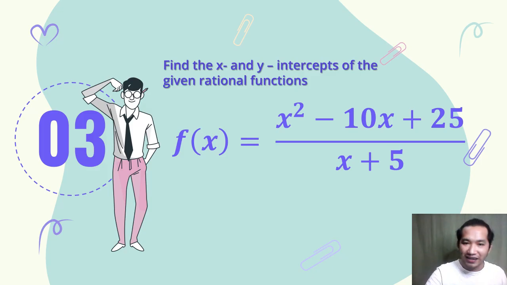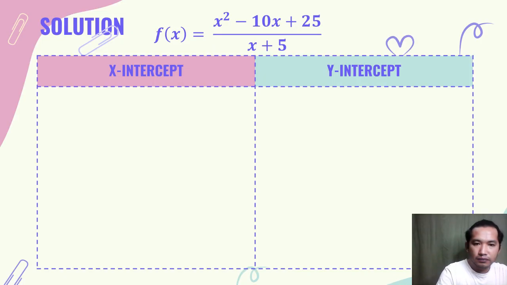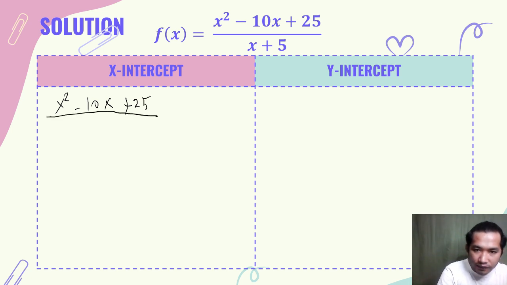Okay, so next, find the x and y-intercept of the given rational function f(x) = (x² - 10x + 25)/(x + 5). Okay, complex rational function. So again, the first step is to equate the function to 0, and that is (x² - 10x + 25)/(x + 5) = 0.